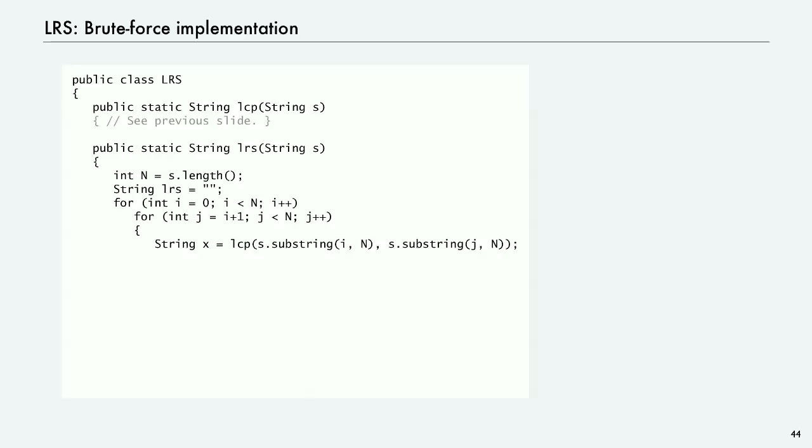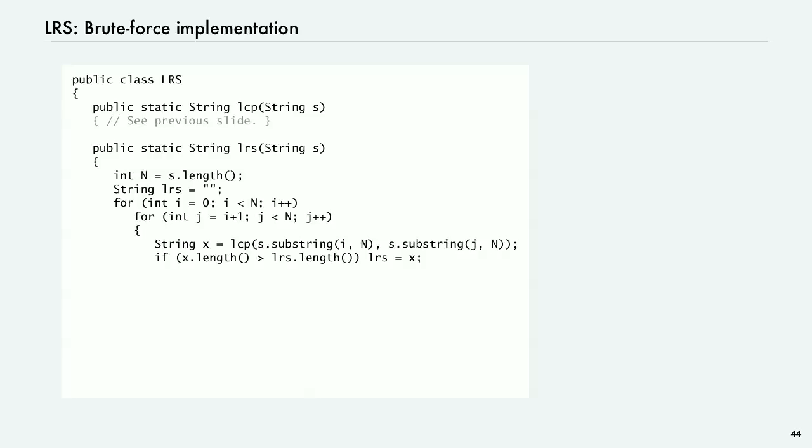So we compute the longest common prefix of the substring from i to the end and the substring from j to the end. That's x, and that's easy to compute. Then we check if the length of x is bigger than the length of the longest we've seen so far. If it is, we save x as our longest repeated subsequence.